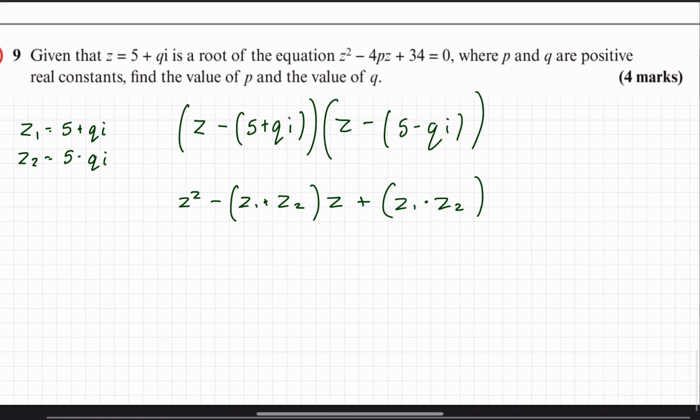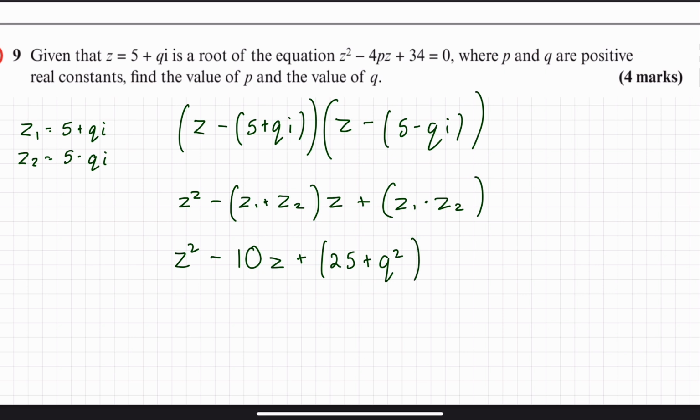Okay, so z squared minus, when I add them up, I'm going to get 10z, and when I multiply them, I'm going to get 25 plus q squared.